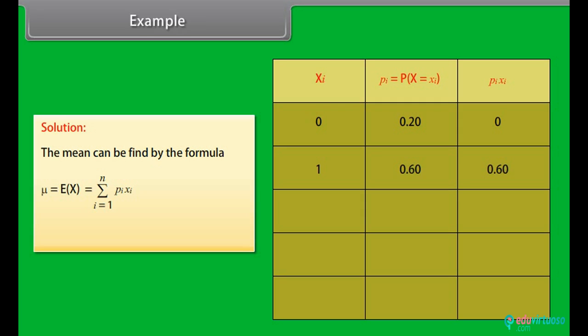For xi equal to 5 and pi equal to 0.10, pi xi is equal to 0.50. For xi equal to 6 and pi equal to 0.10, pi xi is equal to 0.60. And the summation of pi xi is 1.7. So the mean is 1.7.